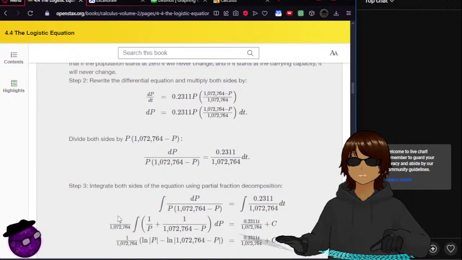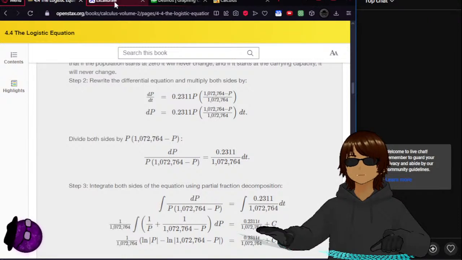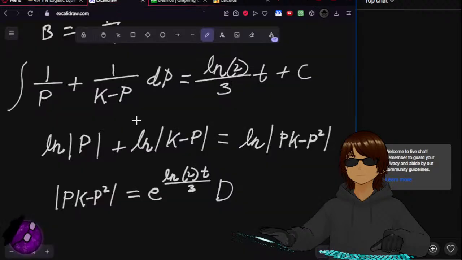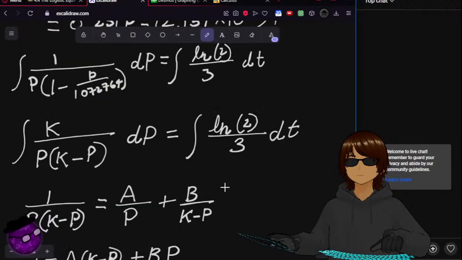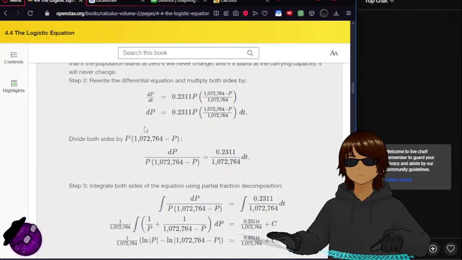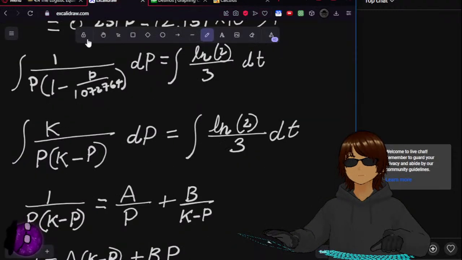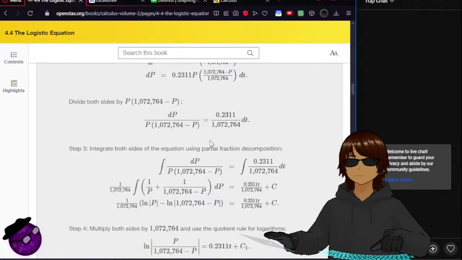Okay, they did use partial fraction, but why is there 1 over K out here? If K and K cancels out, there's, I don't know, 2 over 3.